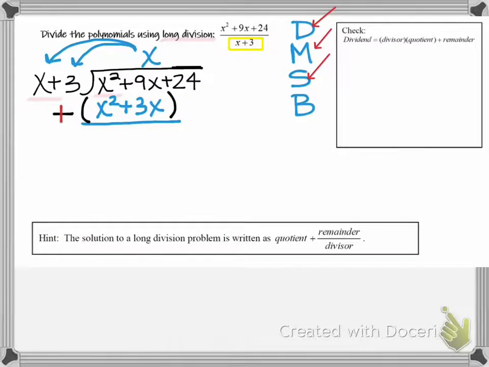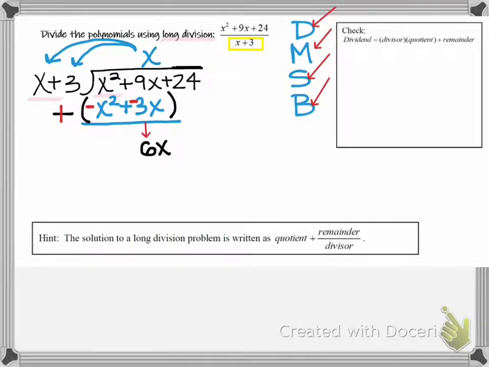Something that might make it easier is to change the subtraction sign to addition and then take the opposite of the terms inside the parentheses. Then you're really adding straight down, so I add my like terms. x squared plus negative x squared cancel each other out. Then 9x plus negative 3x gives me positive 6x.